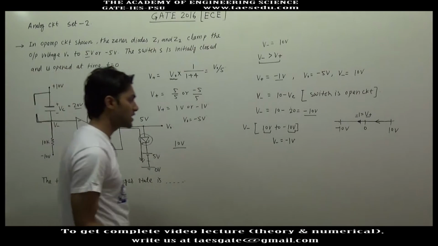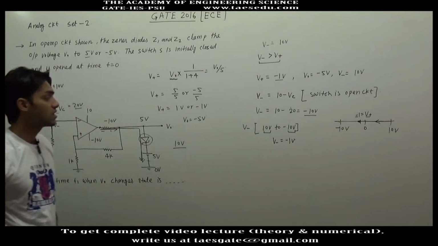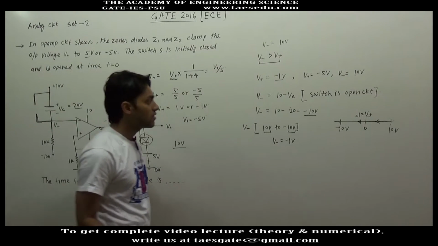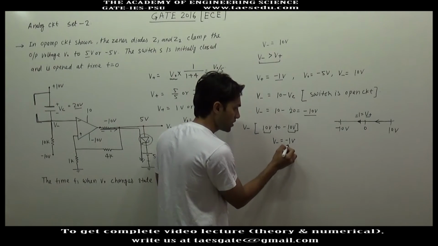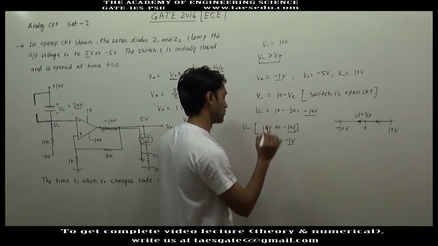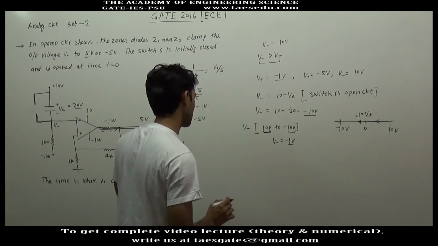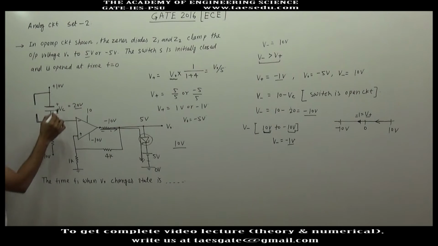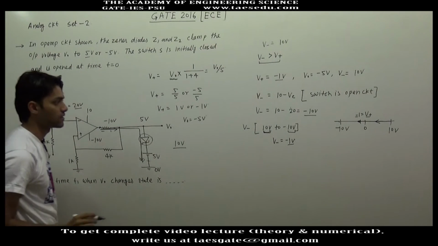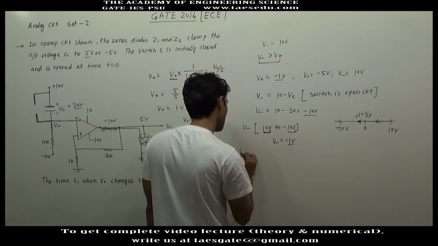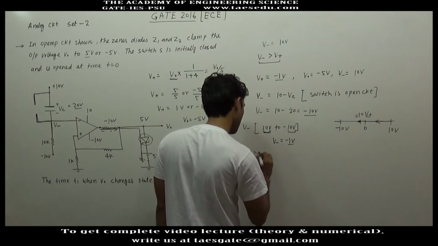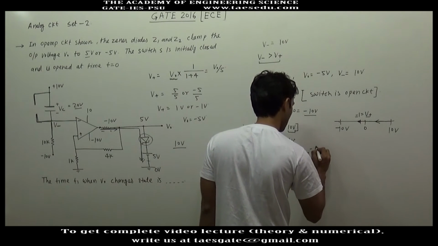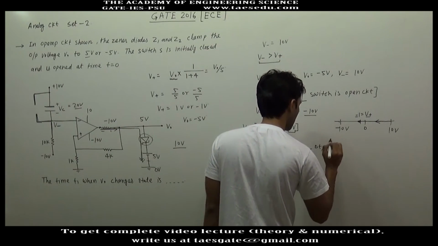So in this question we have to find the instant of time t1 when V minus becomes minus 1 volt from 10 volt. Since this voltage changes according to an RC circuit, a first order circuit, V(t) is given as V infinity minus V naught, into e to the power minus delta t divided by tau.